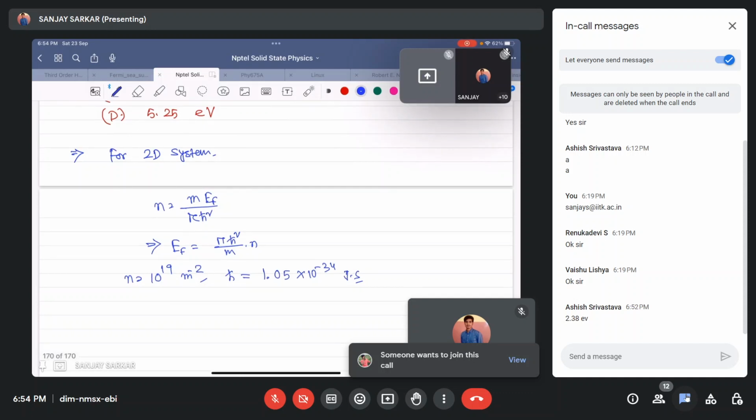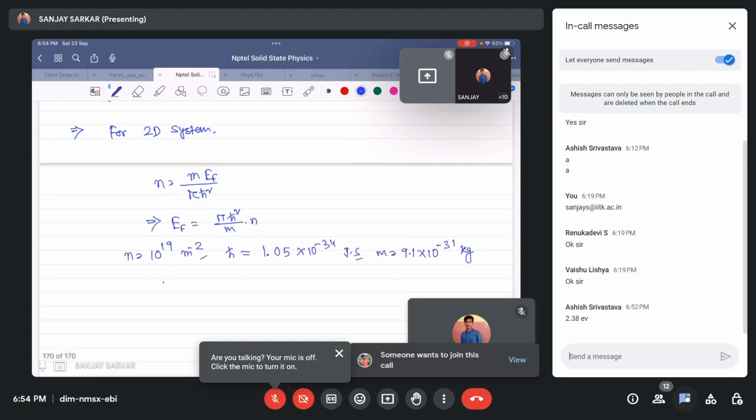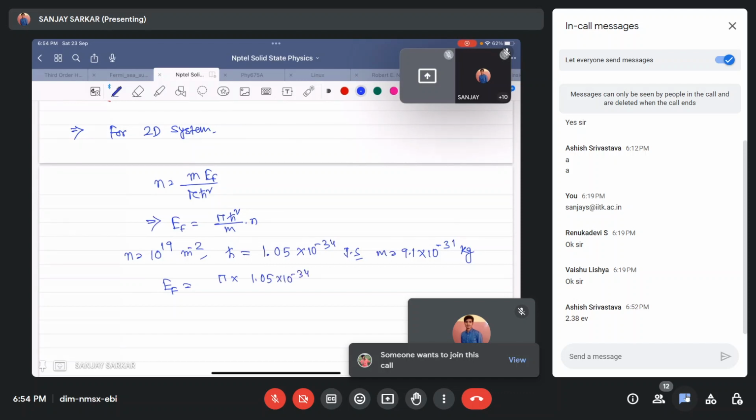Then m is 9.1 into 10 to the power minus 31 kg. Now put this in EF and you will get pi into 1.05 into 10 to the power minus 34 squared into N, which is 10 to the power 19, divided by m, 9.1 into 10 to the power minus 31. This is in joule. So what will be the value? Let me calculate it in the calculator.